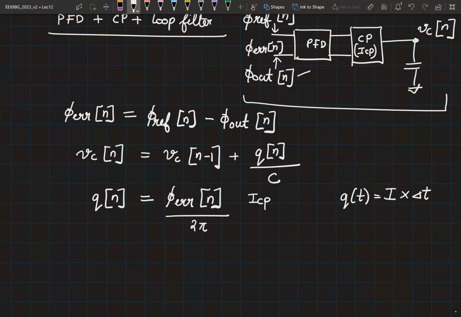So I have the I here, ICP. Now I need to know the duration for which the ICP is getting pushed into the capacitor. Right? So what would that duration be? So ICP is flowing into the capacitor for a short duration. It's not flowing throughout the period. What is that duration?